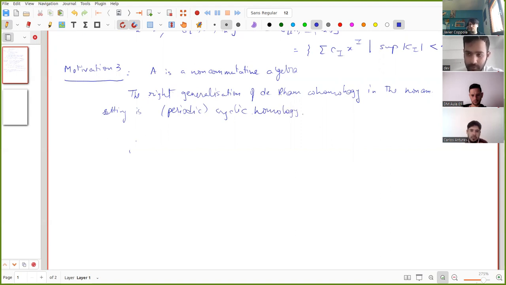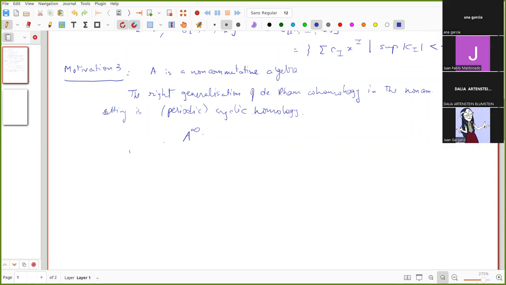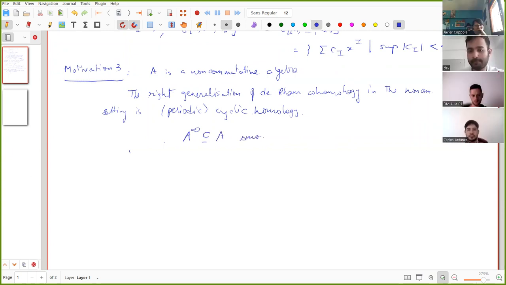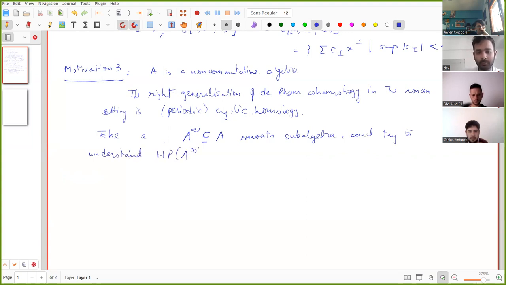But periodic cyclic homology is, again, only computable for smooth algebras. So you might now take some smooth subalgebra of this non-commutative algebra, say I denote it by A infinity. Let's say we take a smooth subalgebra and try to understand the periodic cyclic homology of A infinity.